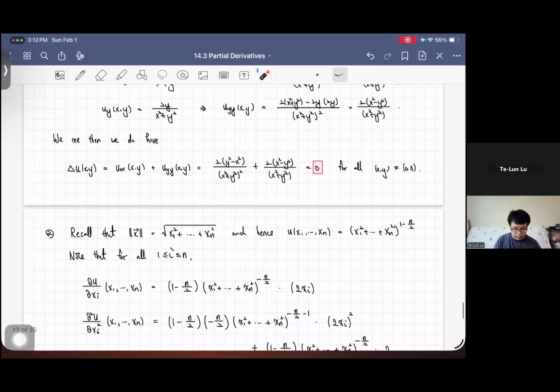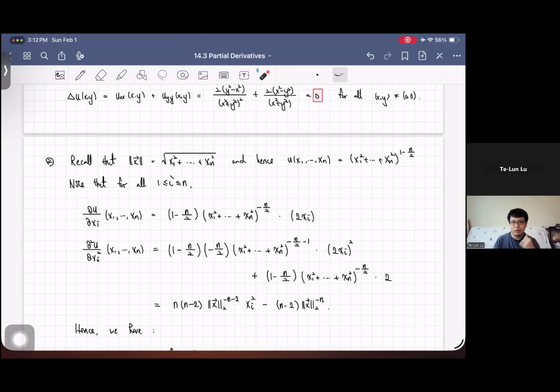Secondly, for the high dimensional space, we recall that the distance of x from 0, or just the magnitude of the vector x, is defined to be x1 squared all the way up to xn squared, taking the square root. So basically, the definition of u is simply this, written down in terms of every variable: x1 squared plus all the way to xn squared, to the power of 1 minus n over 2.